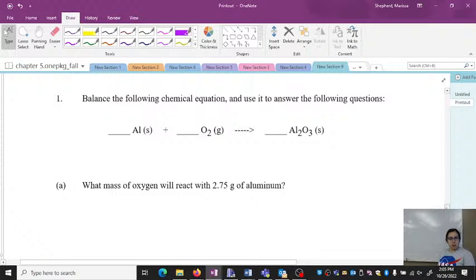So see if you can balance the equation real quick.